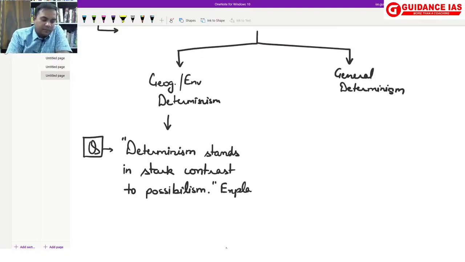Explain. Or I can ask, determinism and possibilism are contradictory.